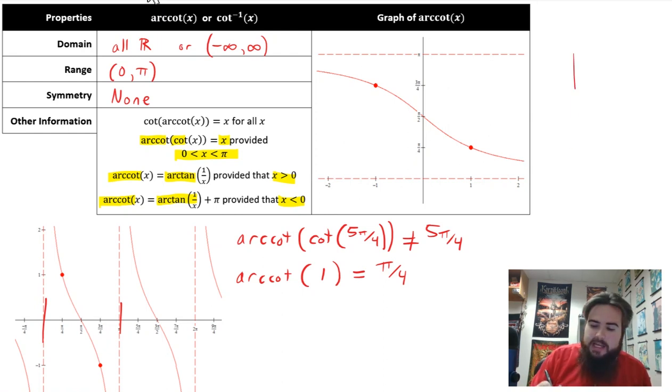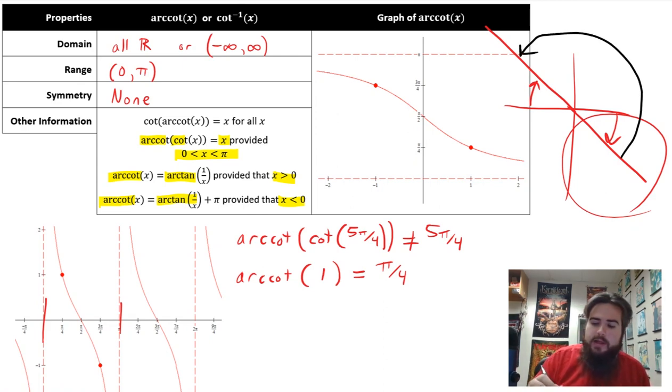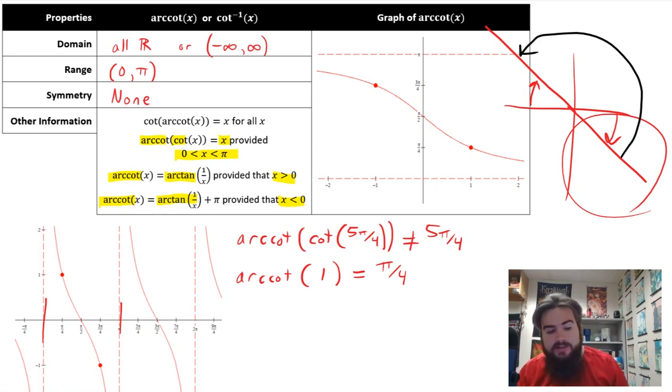If you want to get an angle measure from quadrant 4, say this negative angle measure, and you want to result in this thing that has the same reference angle in quadrant 2, then what you need to do is take your angle measure in quadrant 4 and add pi to it, or add 180 degrees if you're in degree mode.